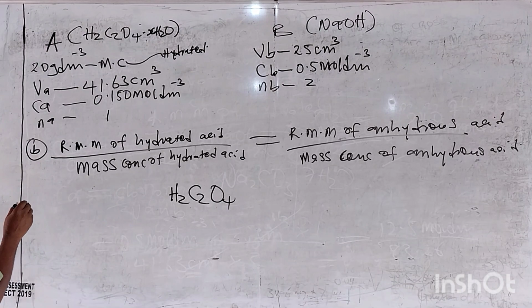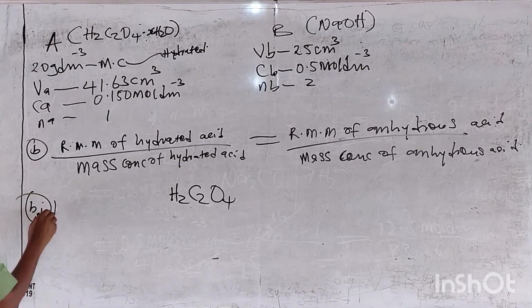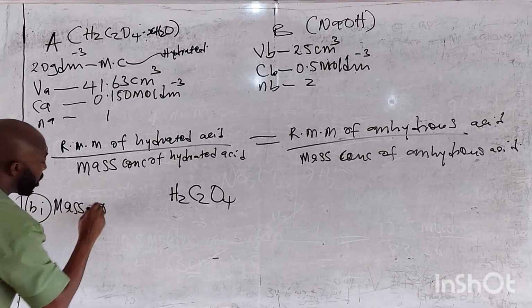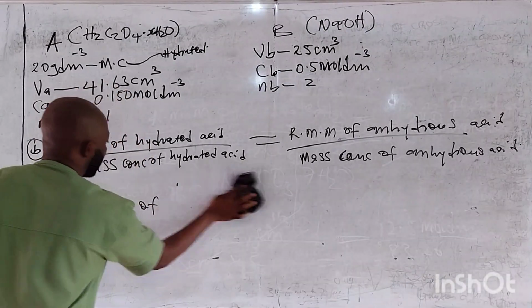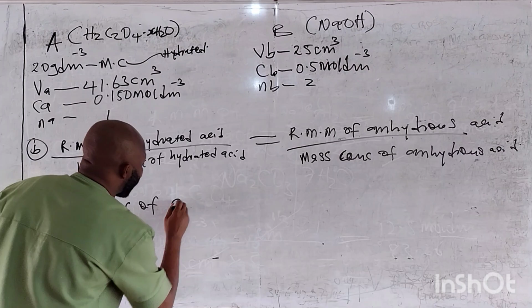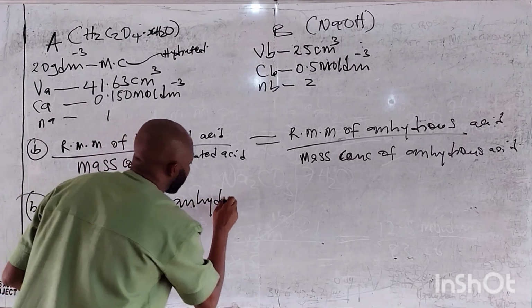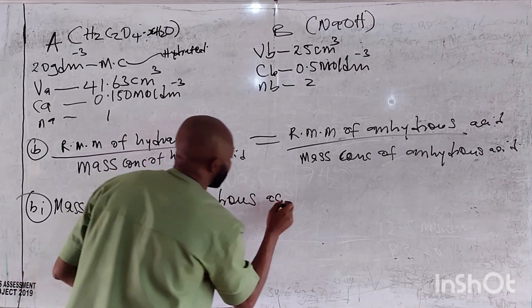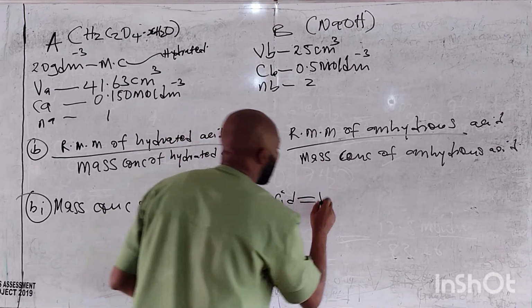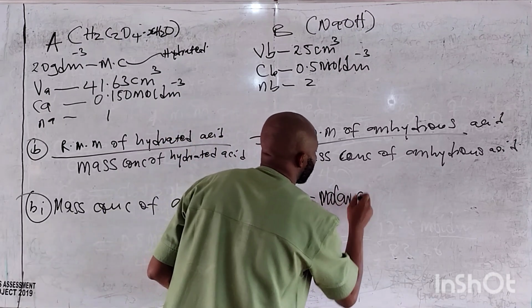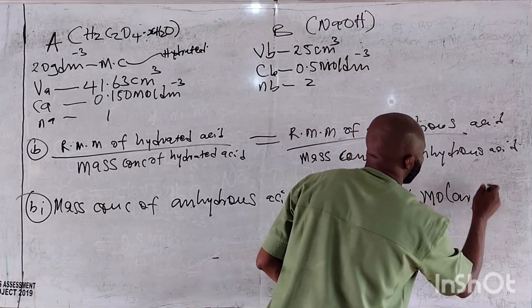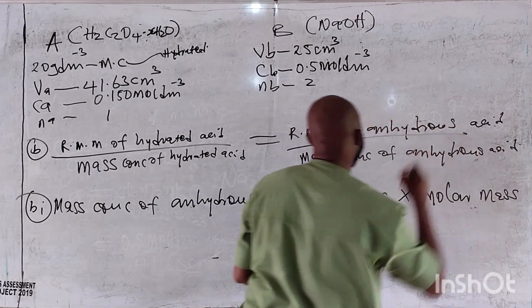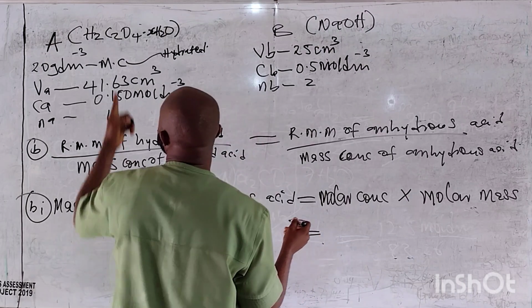Mass concentration of anhydrous acid is molar concentration times molar mass of acid.